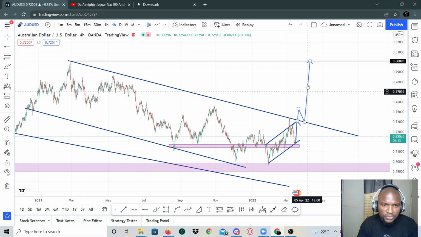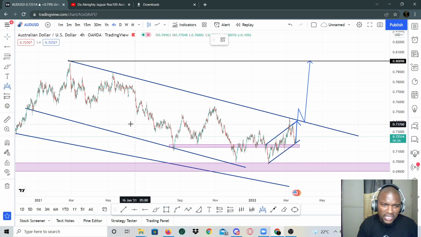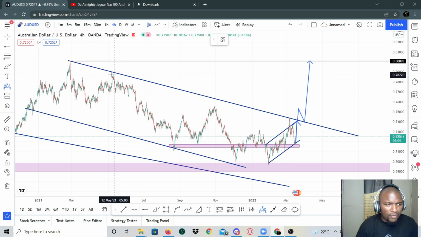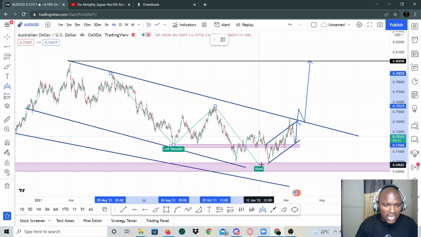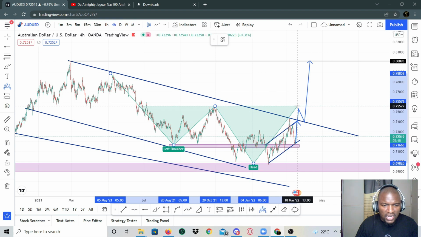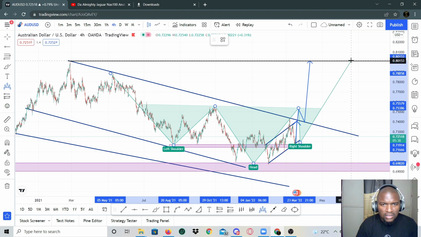for us to experience these long-term buys right here, this is also a head, this is also a head. So we have this beautiful price right here, and that is where we can now experience a retest. Let's see.